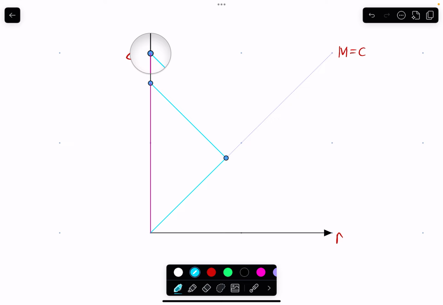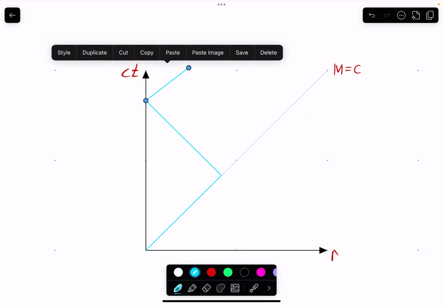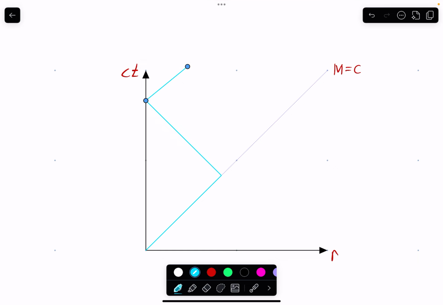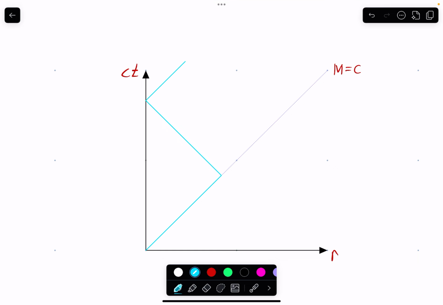Yeah, okay, so more or less diagonal, and then like this. It's hard to get the angles right here. There we go. So it continues like this.